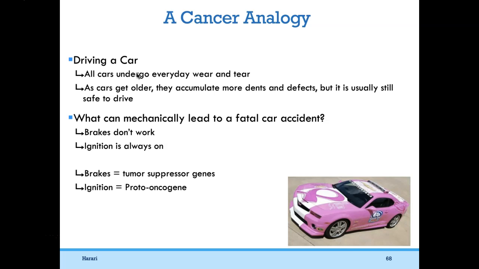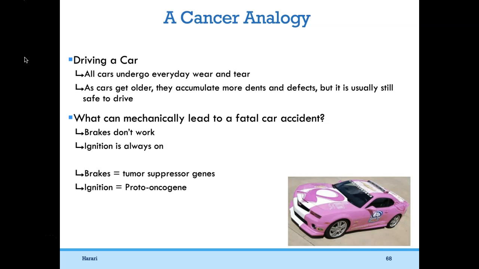It won't cause the car to kill you. But what can mechanically lead to a fatal car accident? If the brakes don't work, that means you could drive right off a cliff without brakes. If the ignition is always on, same idea, you can drive right off the cliff if the ignition is always on. So let's try to bring this back to cancer.